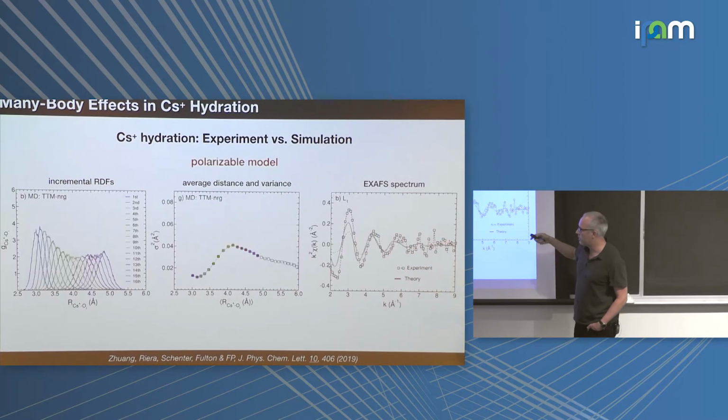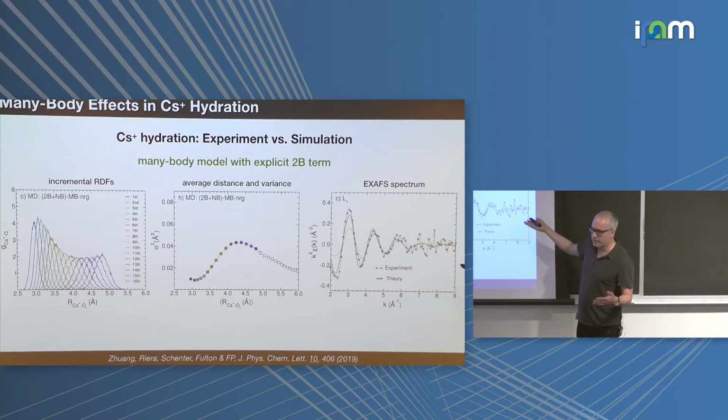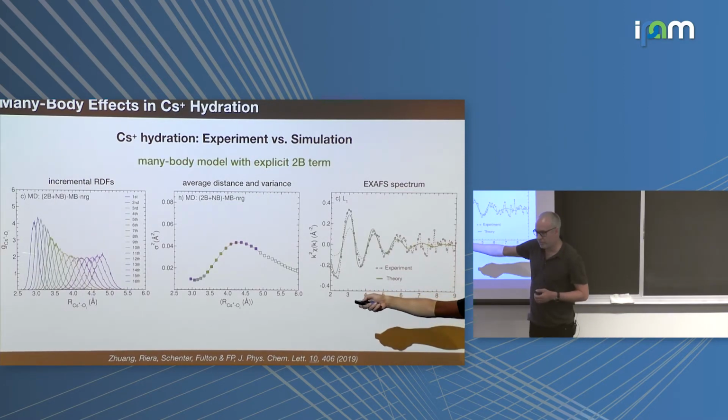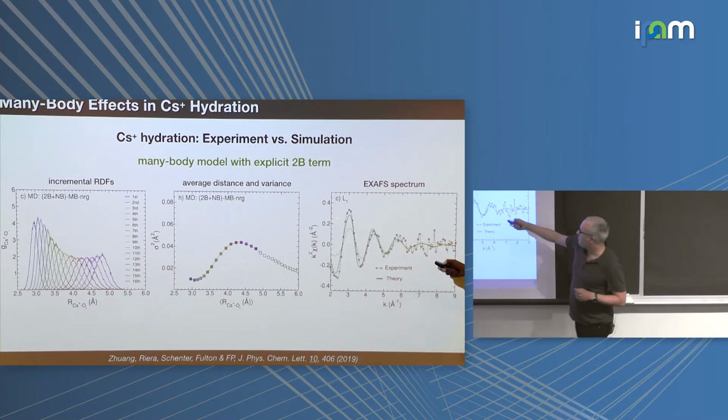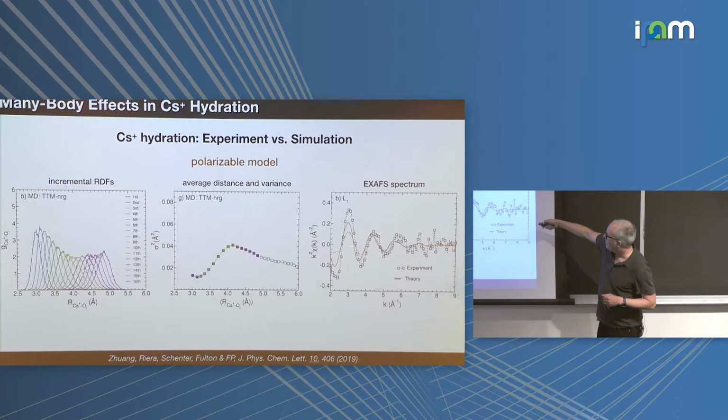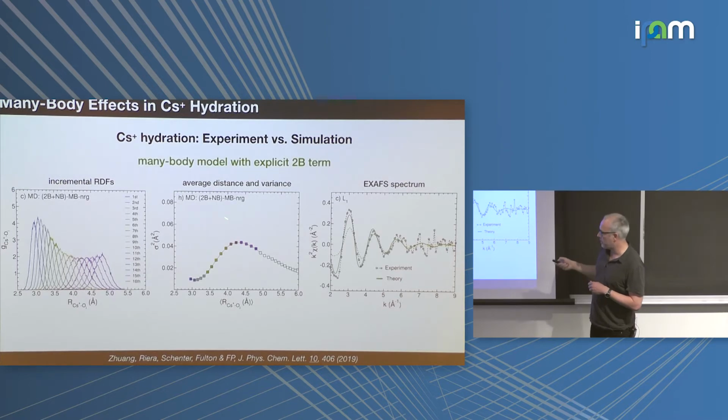Now I go to the polarizable model, and you can see visually a difference. These things become much flatter. This peak goes down at a different position, but I get a slightly better description of the high-k XAFS. I put back the two-body, and you can see now this peak grows, and here you have a better description of the first and second solvation shell, and definitely you're getting closer to experiment.